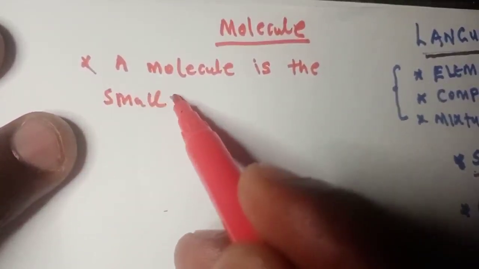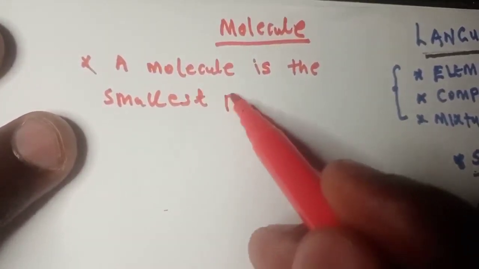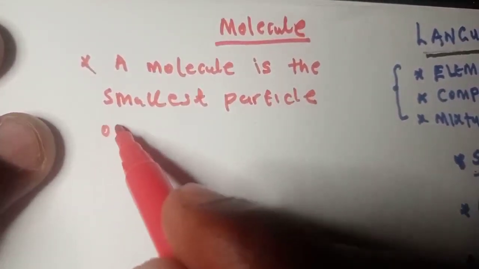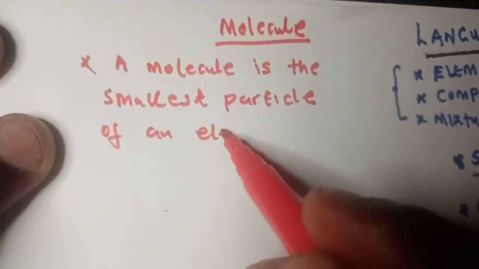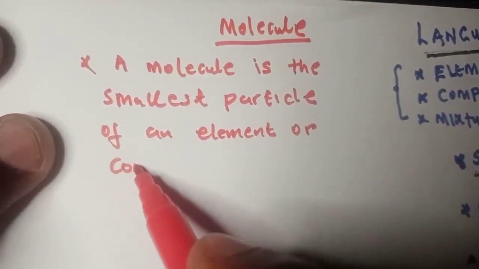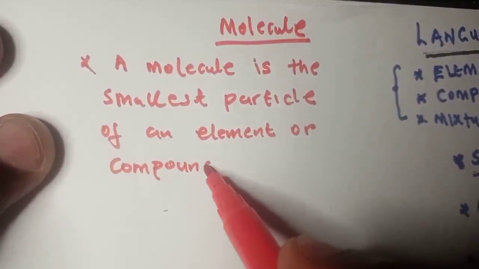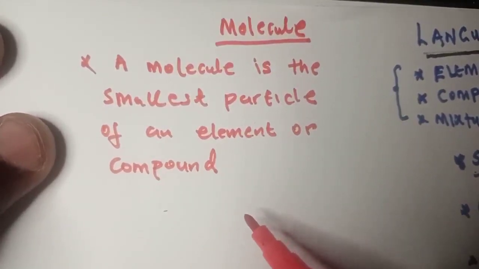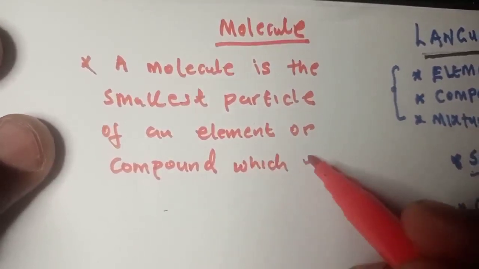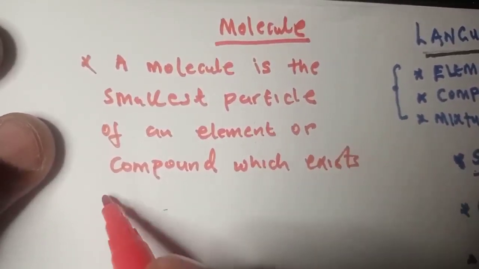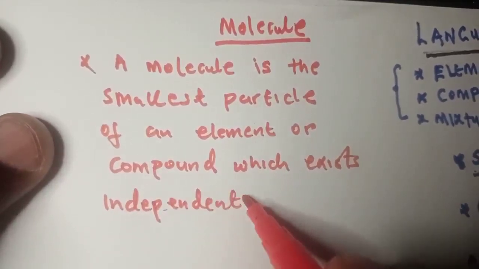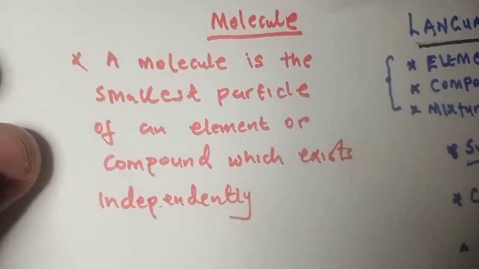The definition starts like you're defining an atom. A molecule is the smallest particle of an element or compound which exists independently.